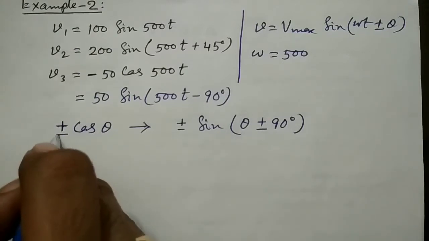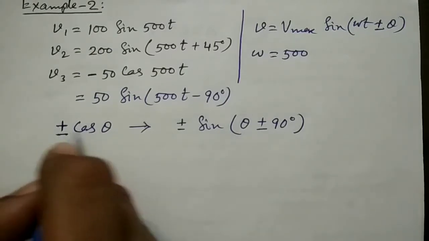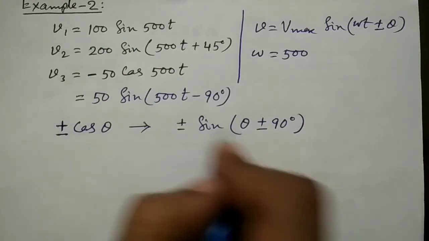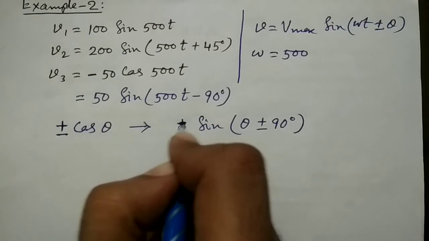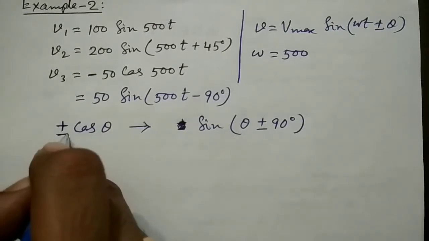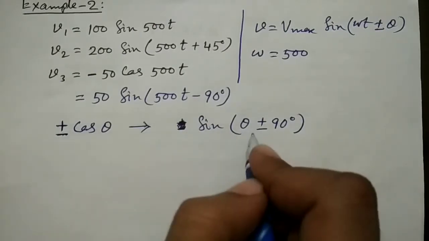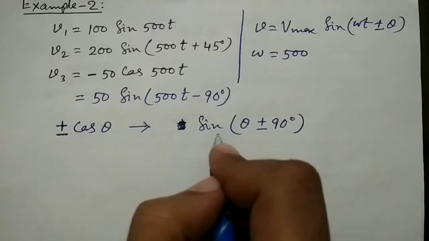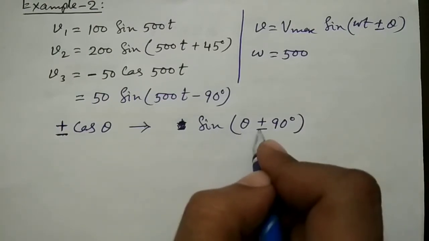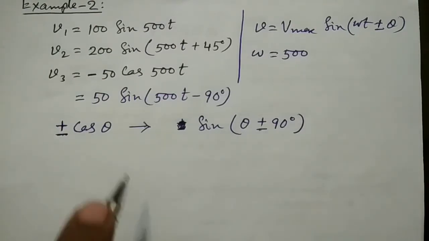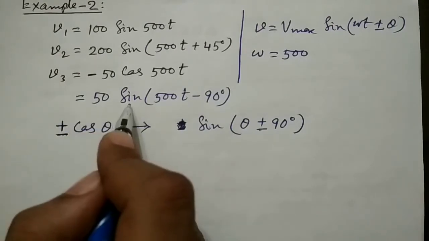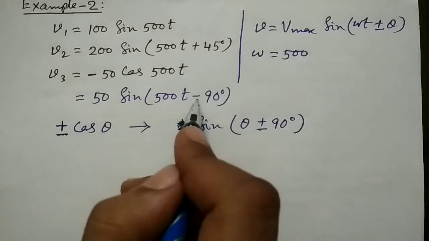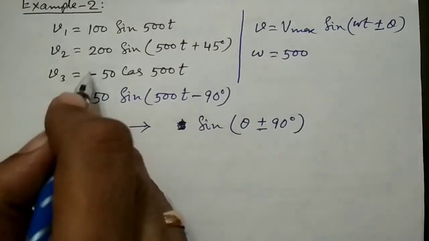If there is a minus sign before the cos theta, then when we change it to the sine value it will be minus 90 degree. That's why I have written here V3 is equal to 50 sin (500t minus 90 degree), because here there is a minus sign.